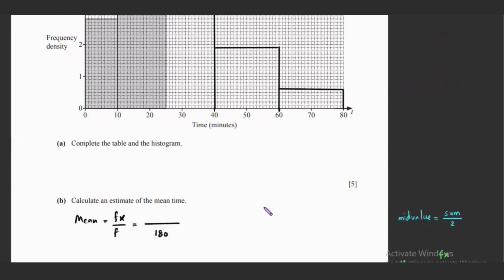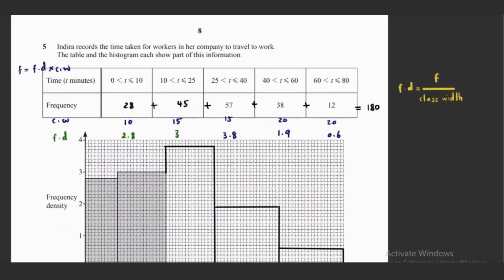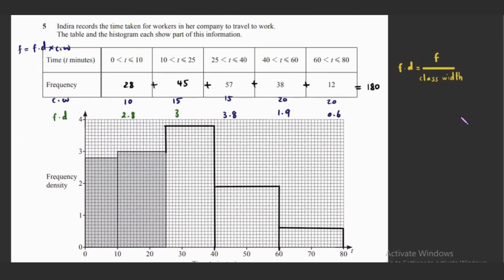Now we need to find the numerator. The numerator should be the product of the frequency with its respective mid values. So mid values in the sense, as it's given as a group here, in the middle of 0 and 10, the mid value that we have is 5. So the 28 should be multiplied with the 5. So 28 times 5. Then the next frequency is 45, which should be multiplied with the mid value here.